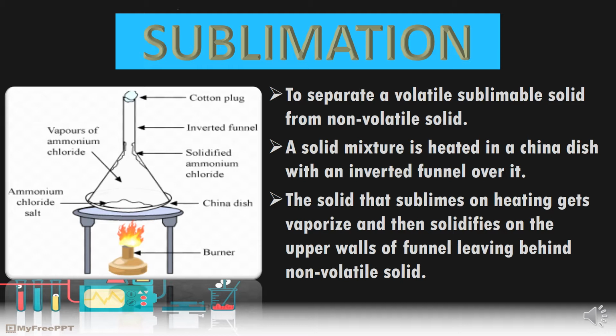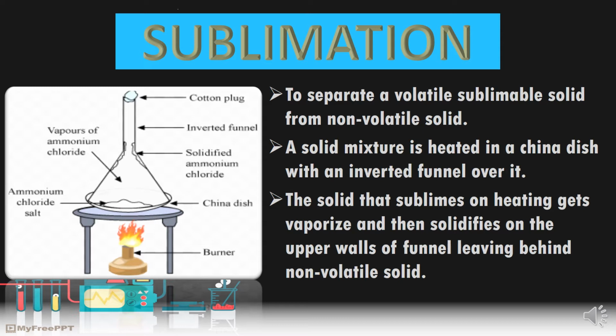The tube of the funnel is closed with a cotton plug to prevent the escaping of vapors of ammonium chloride. When we heat the mixture, ammonium chloride, being a sublimable solid, gets converted into vapors, leaving behind the other non-sublimable salt in the china dish.